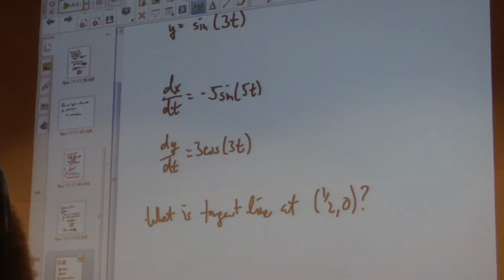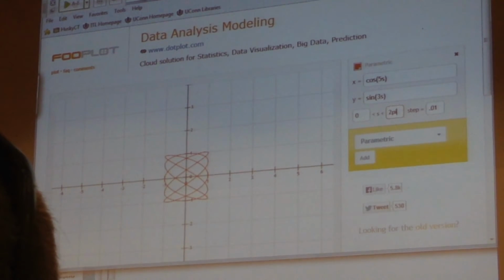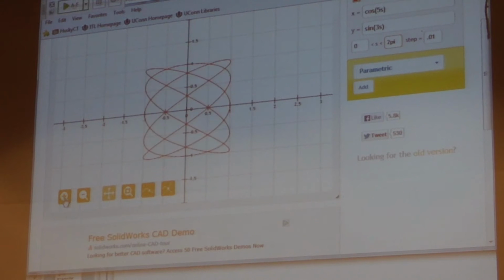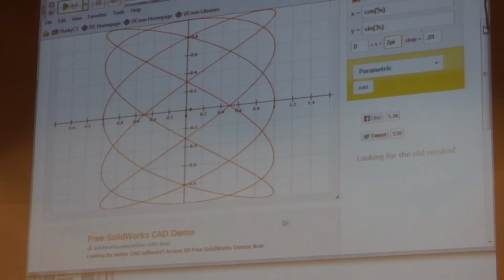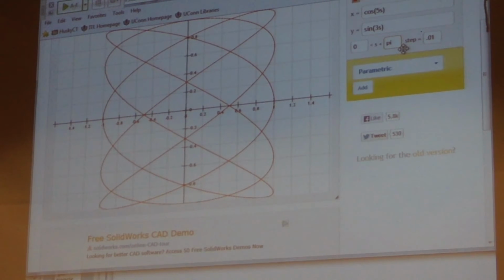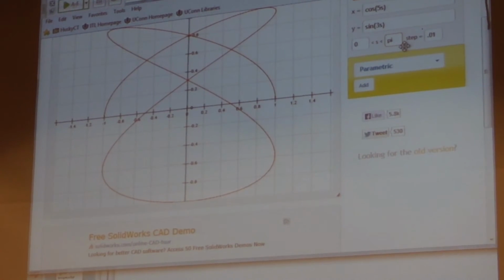At (1/2, 0), which this graph goes through. We want to know the slope of the tangent line at that point.